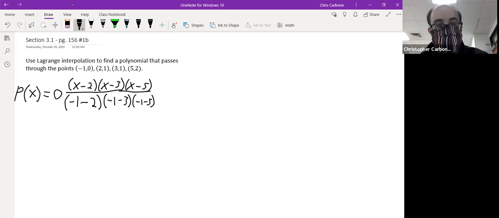And we're going to do the same thing for these other terms. So that's going to be +1 times, we'll have an x plus 1, an x minus 3, and an x minus 5.